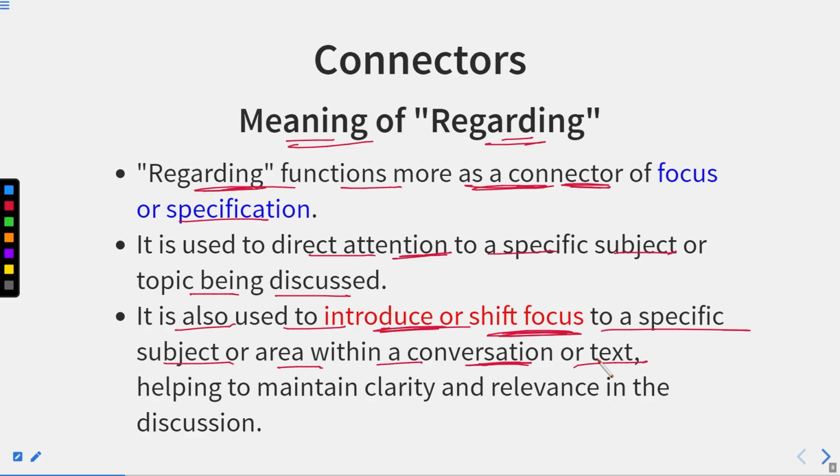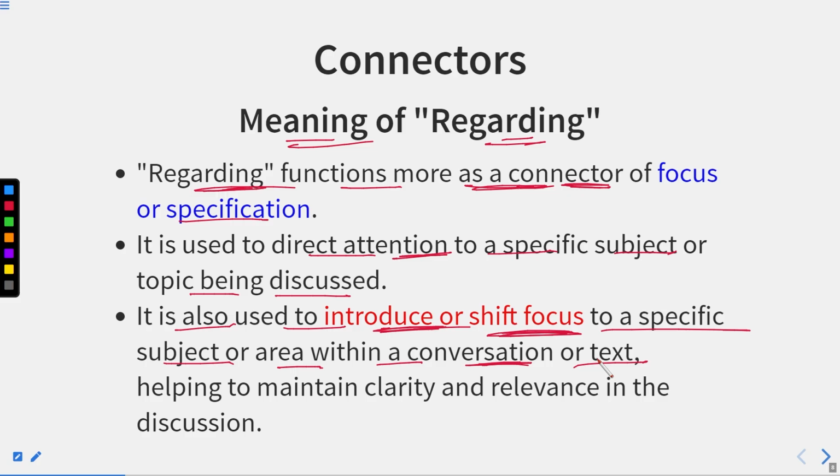For example, some meetings are conducted. Why so? The meeting is conducted because of some topic. It means this topic has to be discussed, and it is kept as the center of attraction of the meeting.